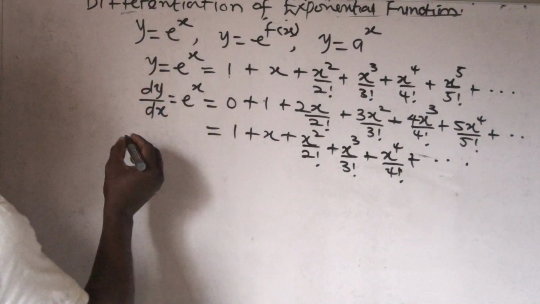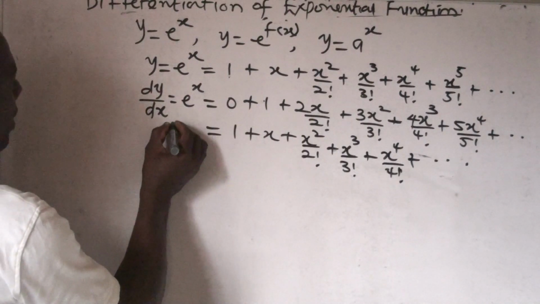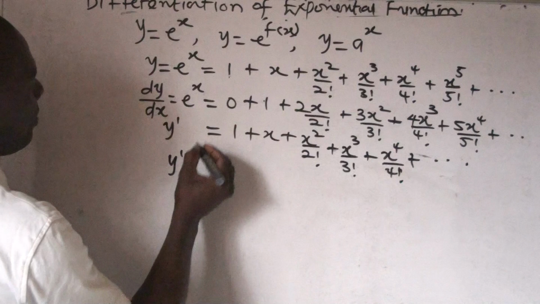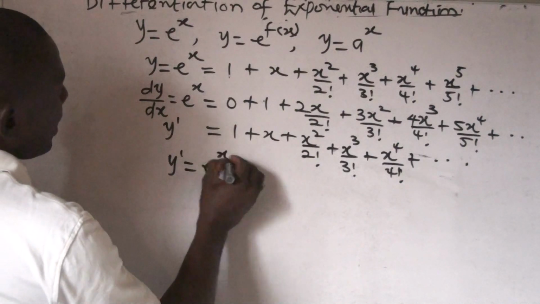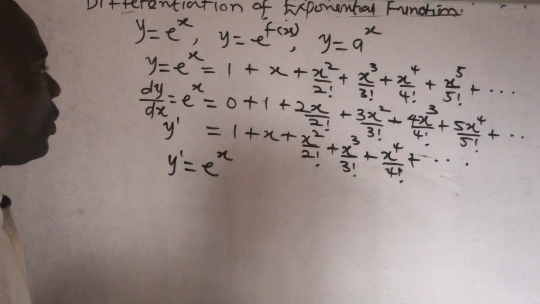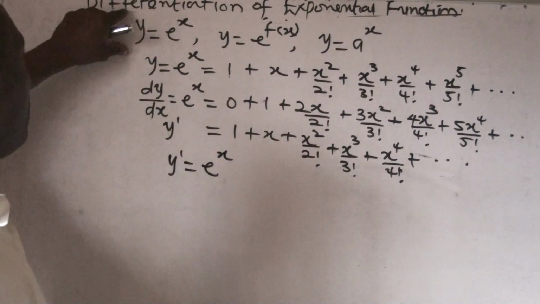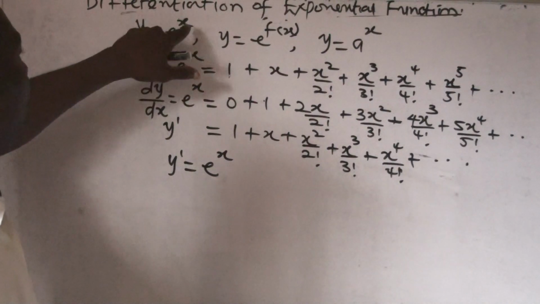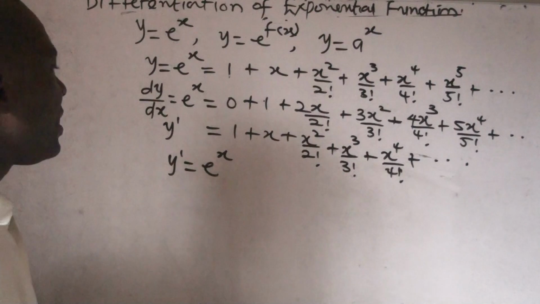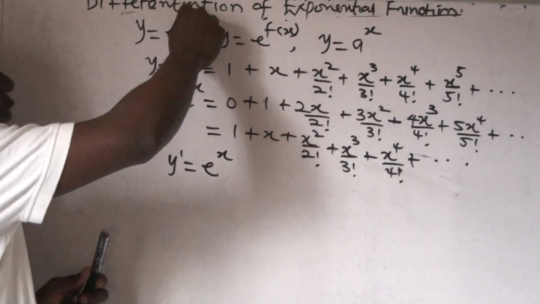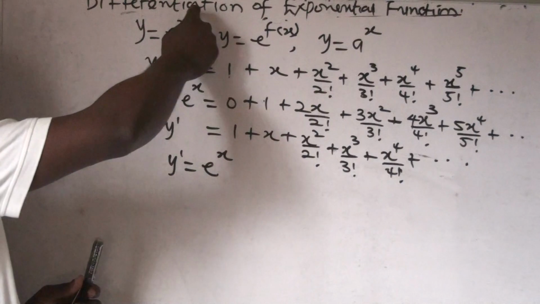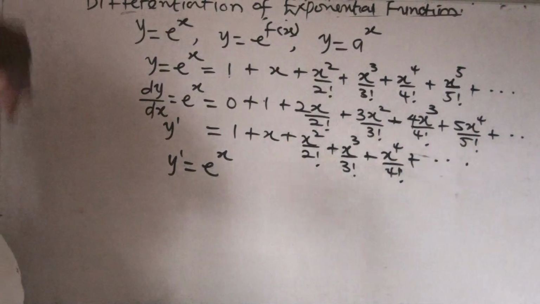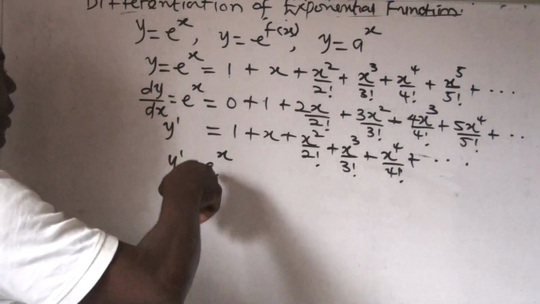So in effect, y prime is the same thing as e raised to power what? x. So given the exponential function e raised to power x, if the power here is just x, it's going to give us the same thing. If we differentiate it 100 times, it's still going to give us e raised to power x.